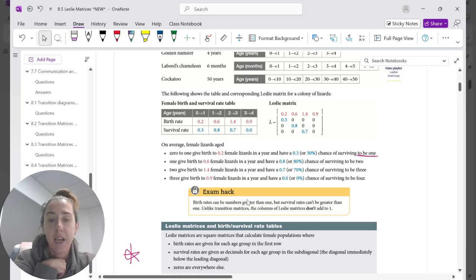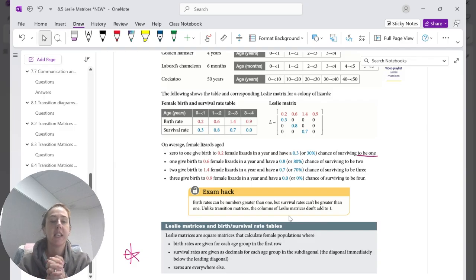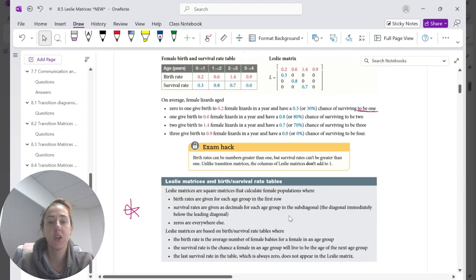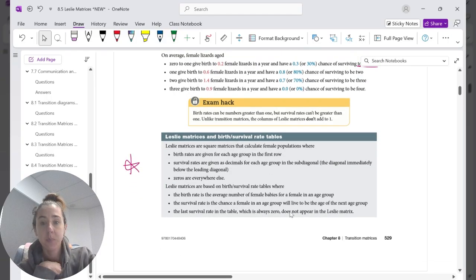All right. Now, birth rates can be numbers greater than 1, but survival rates can't be greater than 1. So unlike transition matrices, the columns in a Leslie matrix don't add to 1. So just keep that in mind. Leslie matrices are square and calculate the female population.